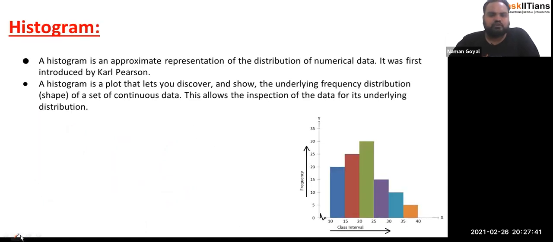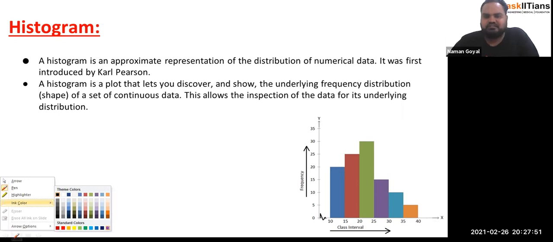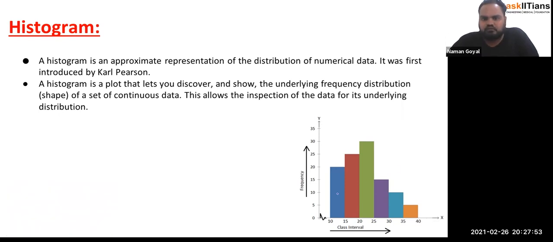Now, histogram. Next is what? Histogram. Now for the histogram, we just take this sign, this sign, right? This sign is known as a kink. It means we started the graph non-uniformly, then we are going to take uniform difference.